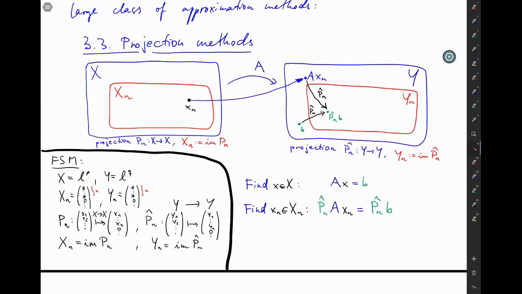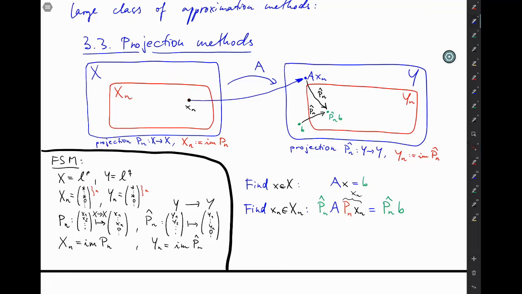So in our case, we would squeeze Pn in here, noting that this here is of course still xn. But in theory you could apply this composition here of Pn A and Pn hat to an element that's in capital X, not the subspace Xn, and this projection Pn would still bring you down to capital Xn.